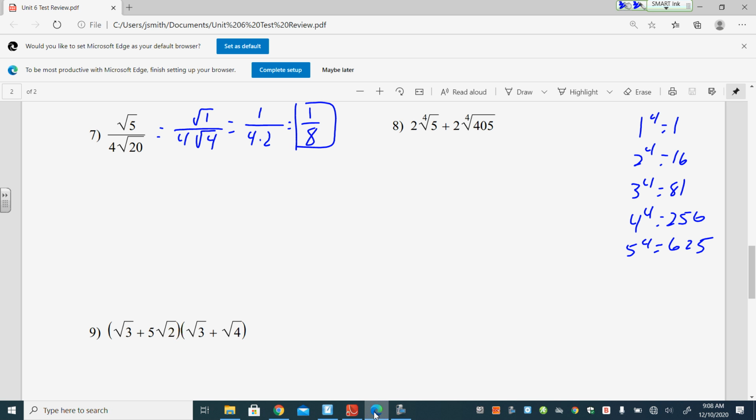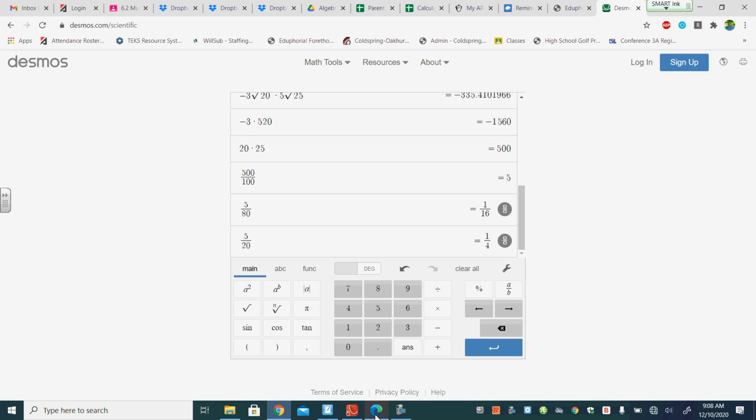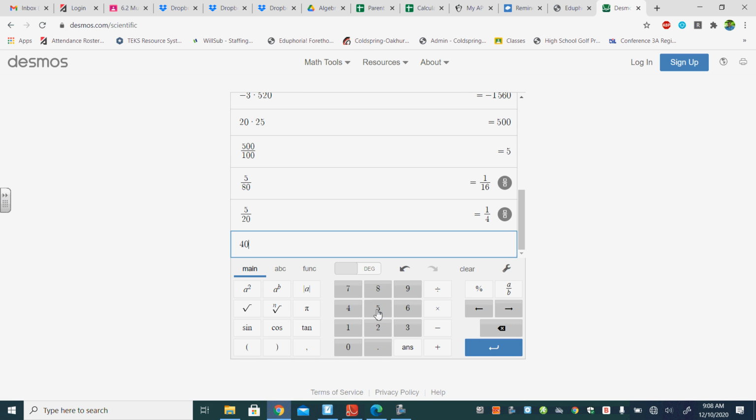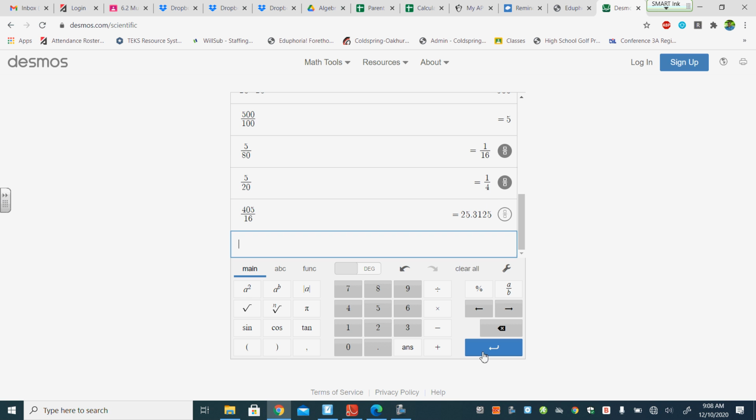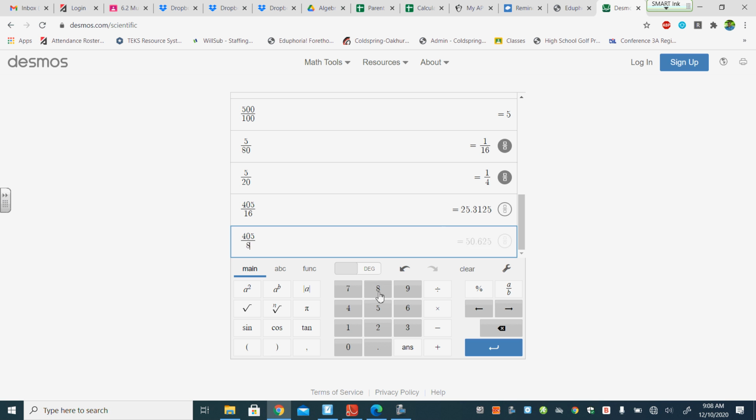So now I'm going to come back over here, and I'm just going to take my 405 and divide it by all these numbers. So 405 divided by 16 didn't work out. So we're going to try 81. So 405 divided by 81 gives me 5. So that worked out really good.